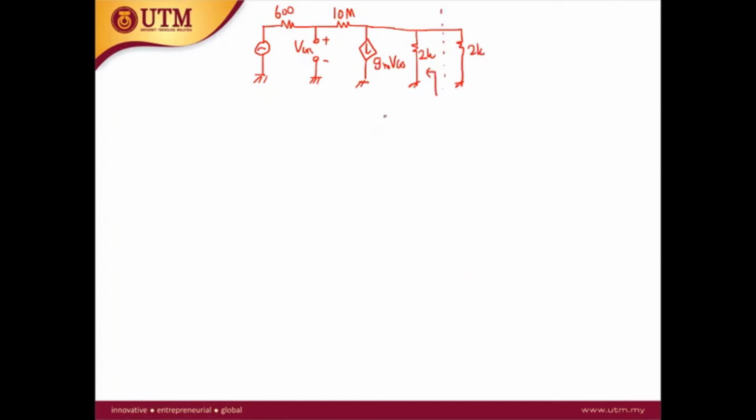When we calculate the output impedance, Z out is equal to V out over I out in the condition of VI, or VS, equal to 0. So here this is the VS. You need to ground it.